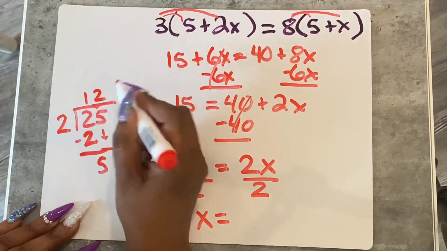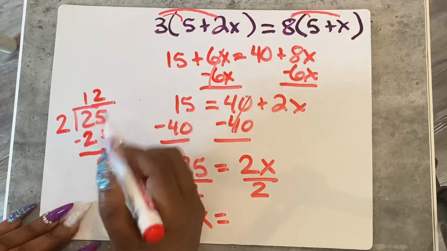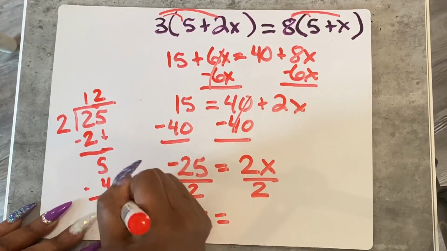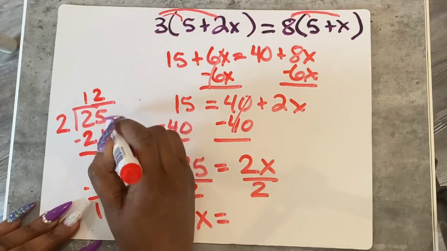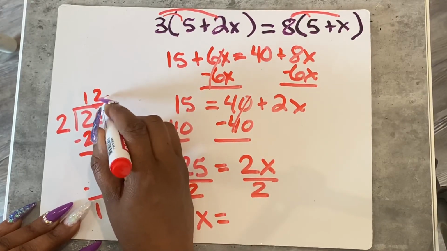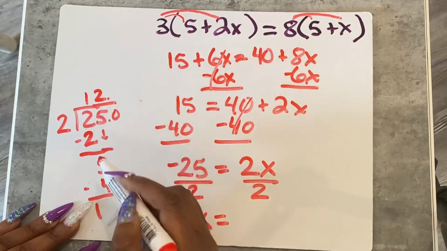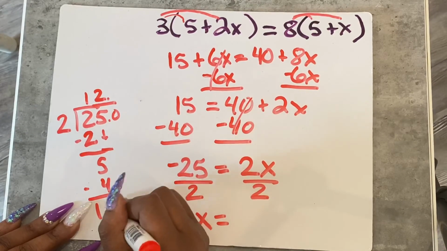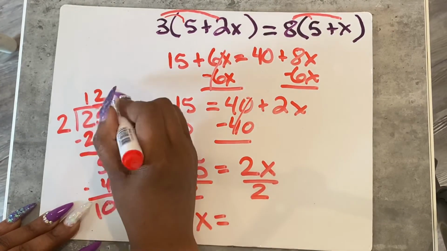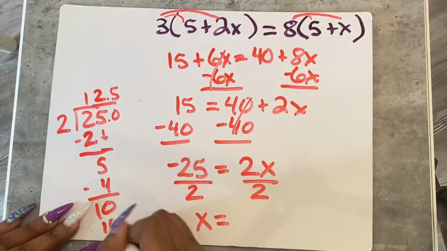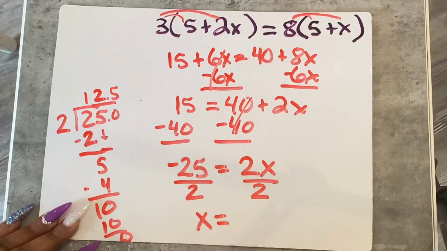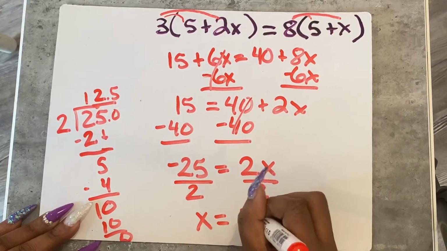It can fit in there twice. So 2 times 2 is 4, leaving me with a remainder of 1. I can put a decimal point there. And when I put a decimal point here, I put a decimal point there. I bring down that 0 I just used. And now I have no remainder. So my answer is 12.5.